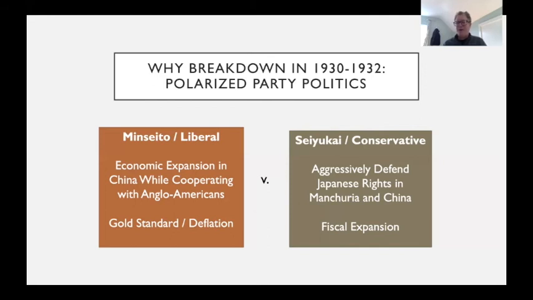Both parties saw the usefulness of Keynesian economic demand management and using government intervention at key moments when the economy was slowing down to strengthen it again, so that you could maintain relatively stable growth and low unemployment. So I want to contrast that kind of agreement between the Democratic and Republican Parties for much of the post-war period in the United States with what things look like in Japan at this time. There was a huge disagreement on both foreign policy and economic policy.